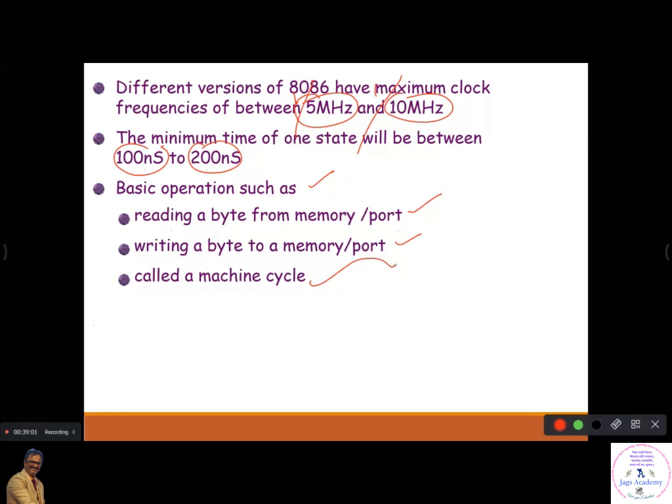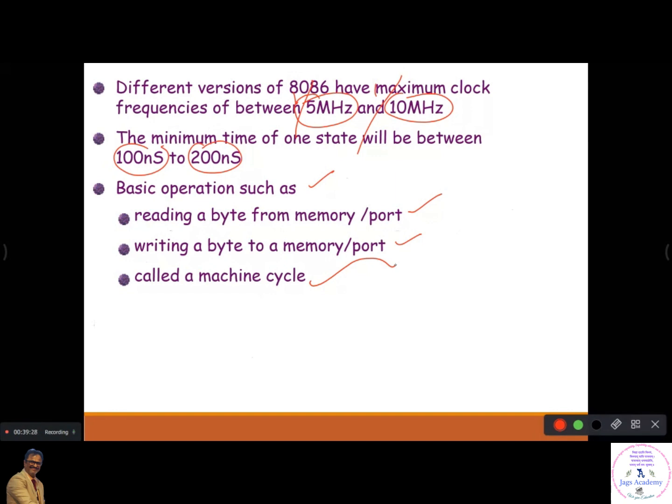One machine cycle is the time taken by the microprocessor to read a byte from the memory or port, or write a byte to a memory or port. What is instruction fetch? It is getting that instruction from the memory, right?